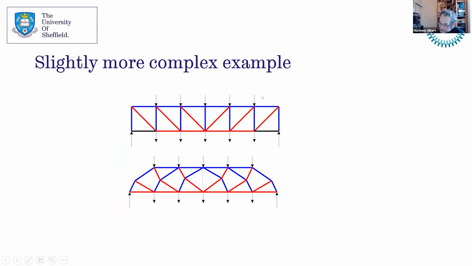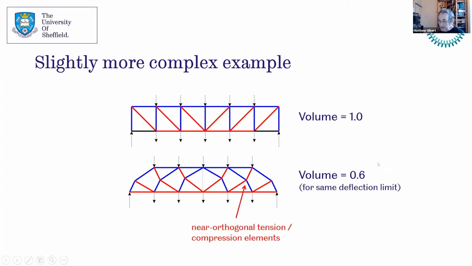The top structure is a classical Pratt truss, and the bottom structure is an optimized truss. And what we see is a significantly lower volume by using the optimized structure. And again, we have orthogonal or near orthogonal tension and compression elements, which give rise to far more efficient structures.